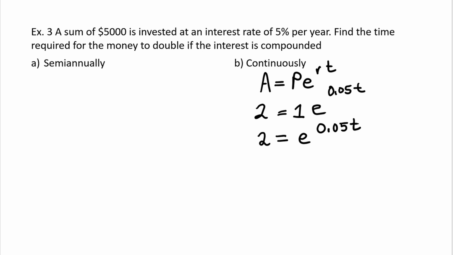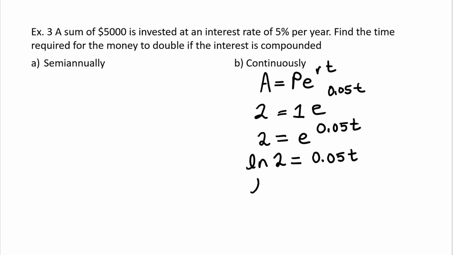If your base is e, use the natural log. If your base is 10, use the common log. If your base is anything else, use whatever makes the problem easiest to work. So if we take the natural log of both sides, then we get that the natural log of 2 is equal to, and the natural log of e raised to anything is just what that anything is, so it'll be 0.05t.